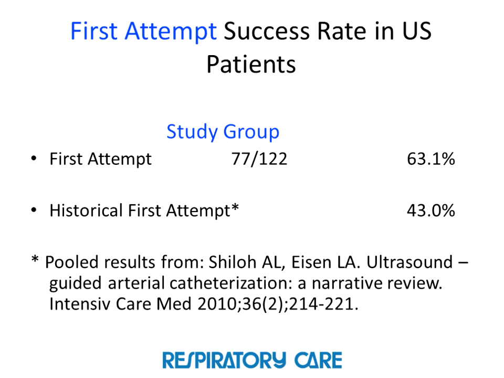The first attempt, which is different from the overall success rate. These are, again, the people who, on the very first attempt, were able to place the catheter utilizing ultrasound. 77 of the 122 were successful, or 63.1%, and that's a very good number from the research that's out there.